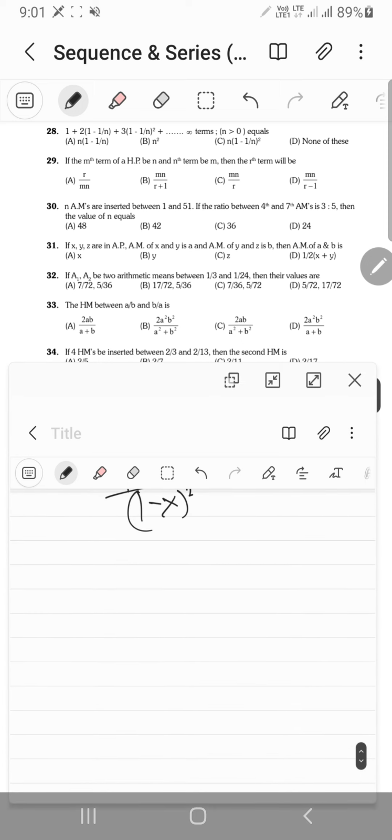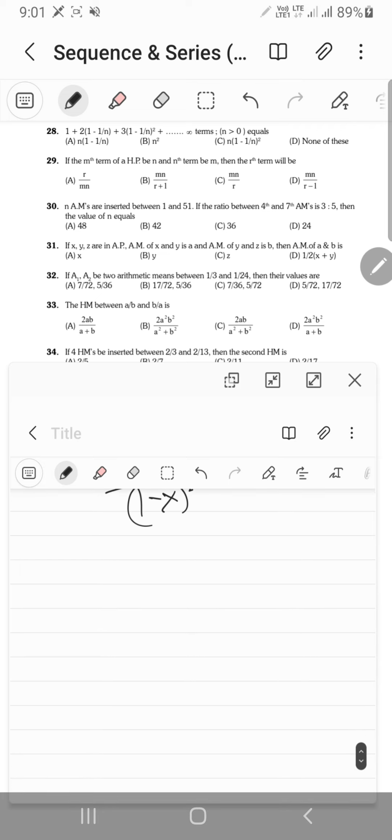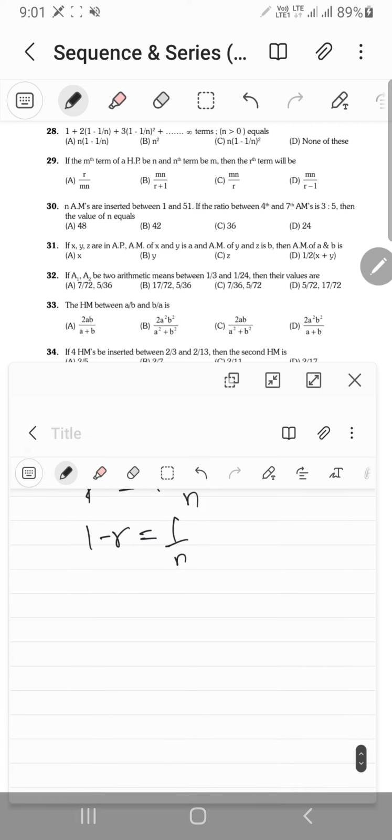1 plus 2 into 1 minus 1 upon n plus 3 into and so on. This is again an infinite AGP, so A upon 1 minus R. Here R is 1 minus 1 upon n, so 1 minus R will be 1 upon n. So 1 upon 1 upon n, not squared, just that.